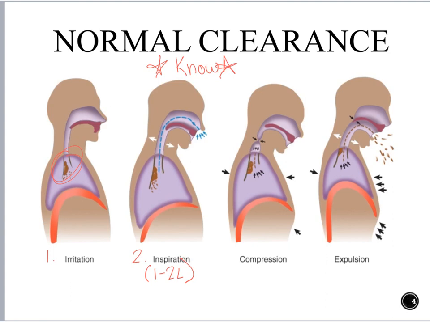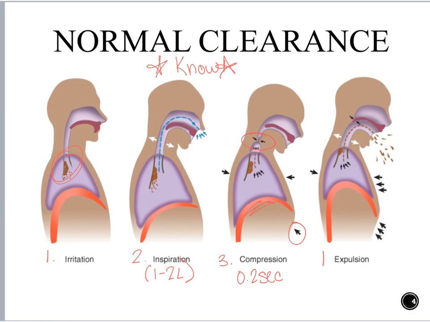Okay, so after that deep inspiration, number three is compression. This only lasts 0.2 seconds. You can see here the glottis closes and there's a forceful contraction of expiratory muscles. This arrow here shows the muscles contracting, increasing alveolar and pleural pressures up to 100 millimeters of mercury.